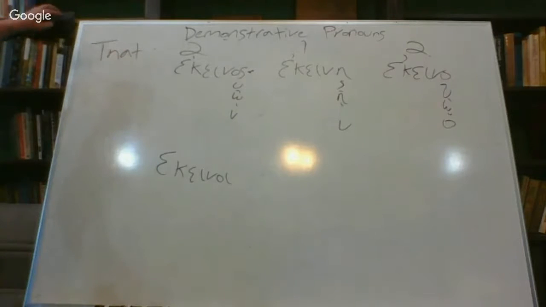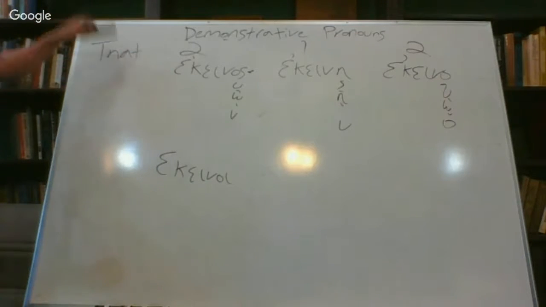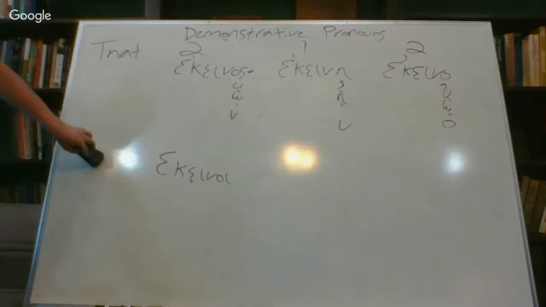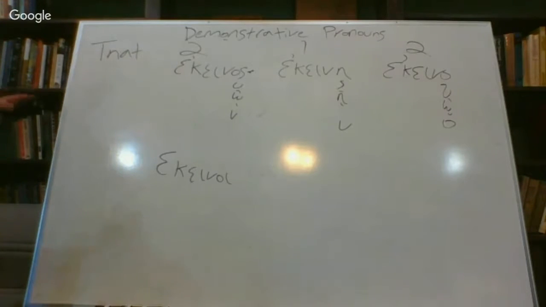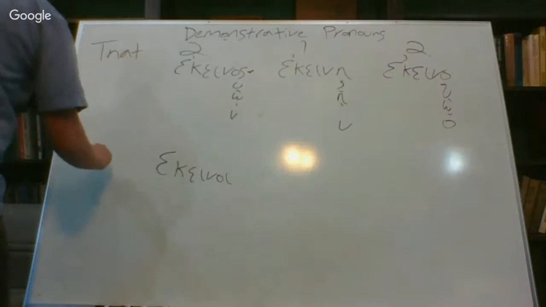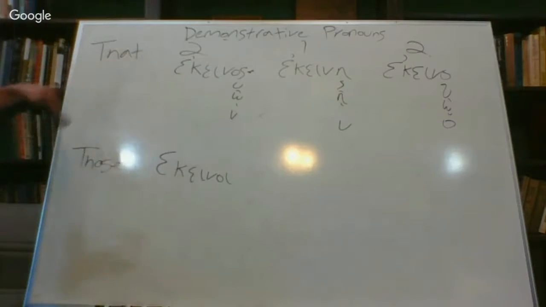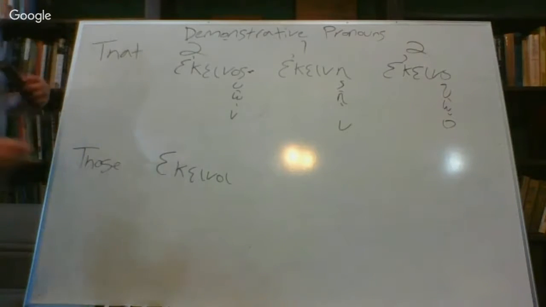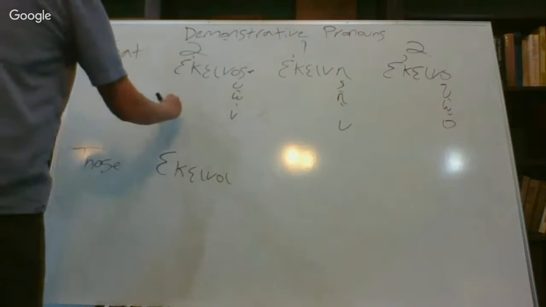So when you have that in the singular and then in the plural, what do you get? So that man. And those men, yeah. Those men. So that and those, this and these is going to be the structure of the demonstrative pronoun. We could basically say that this and that are demonstrating something.